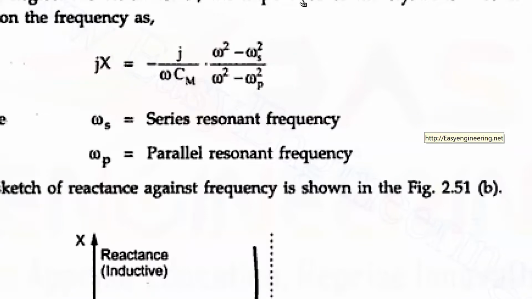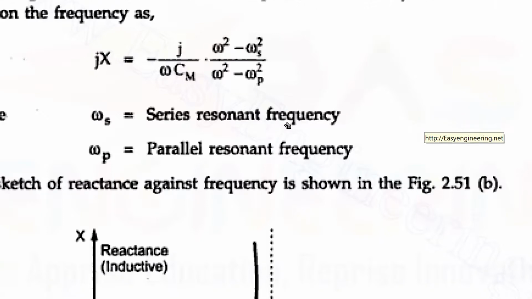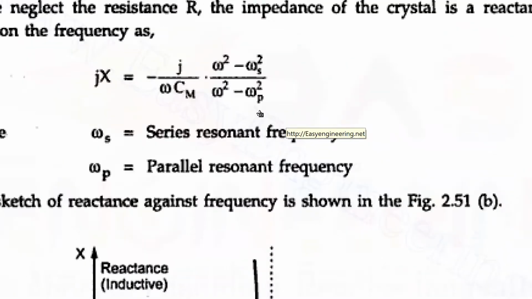So when omega is very large, omega tends to infinity and omega s is finite, what we can do is approximate omega square minus omega s square as omega square. Likewise, the denominator omega square minus omega p square, we can again approximate it to be omega square.